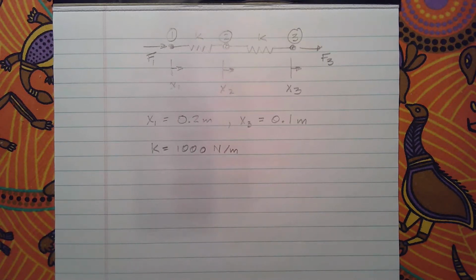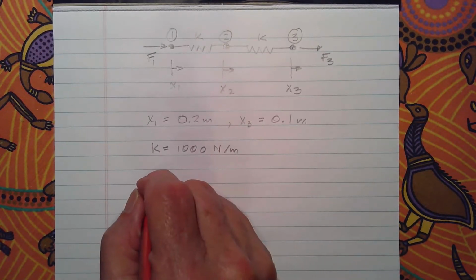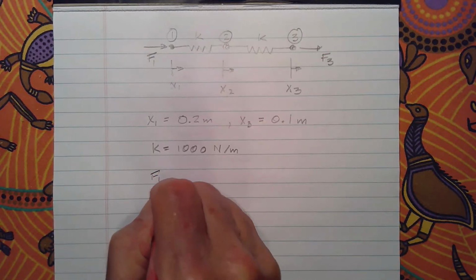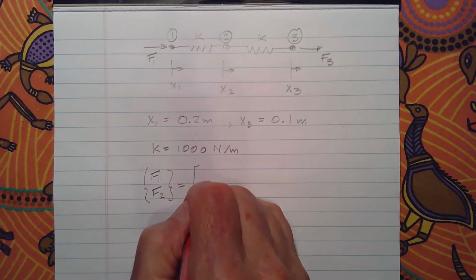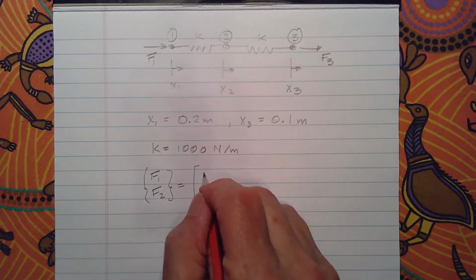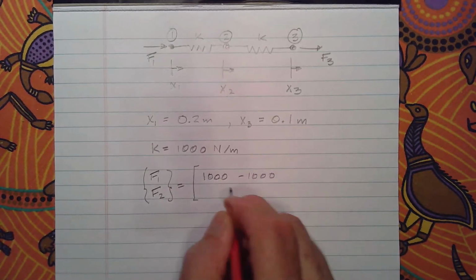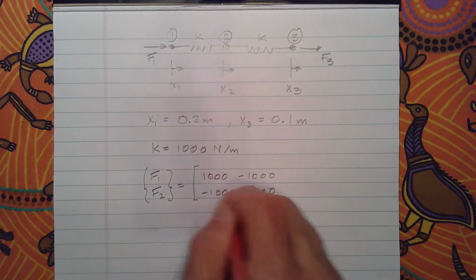So our element stiffness matrices are the same as they were before. I'll write it for the first element, and we're going to have 1,000 here, minus 1,000 here, 1,000 here, minus 1,000 here.